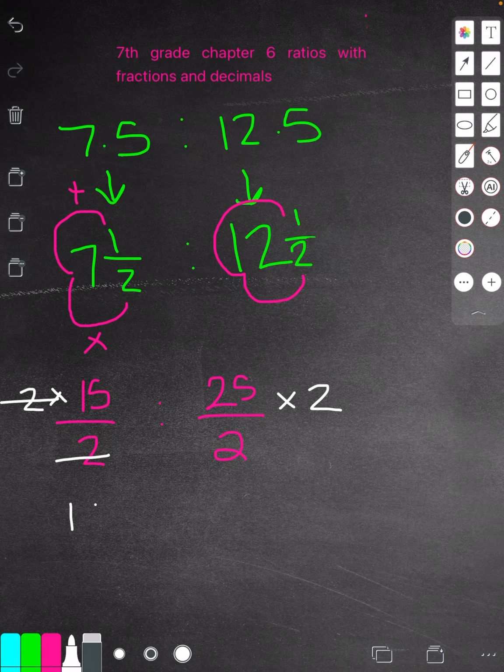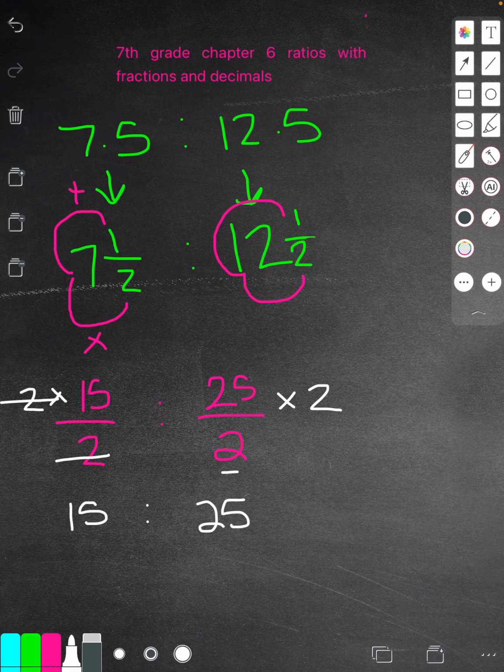Let's see if that works the same way with your 25 over here. I'm going to solve your numerator first. 25 times 2 is 50. Now I can divide by 2. 50 divided by 2 is 25. This works when you multiply that common denominator by both sides.